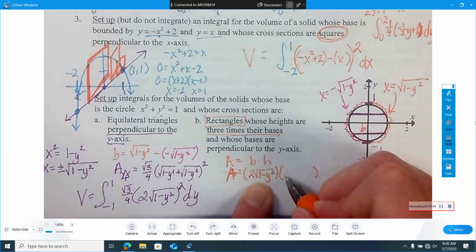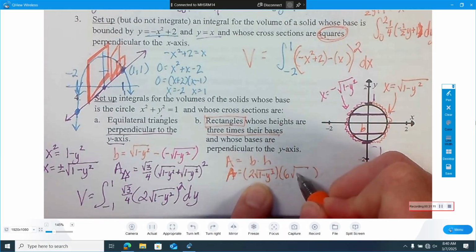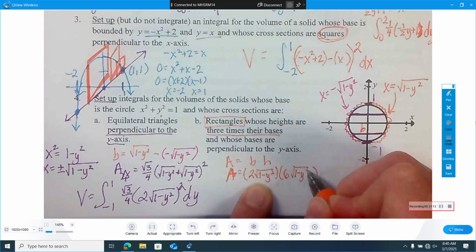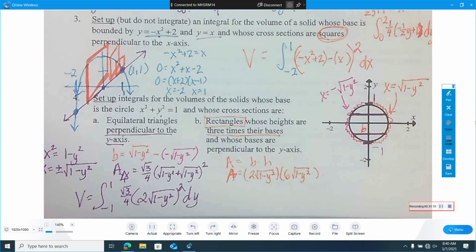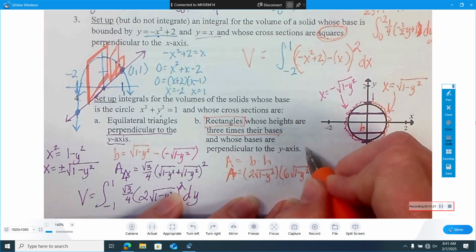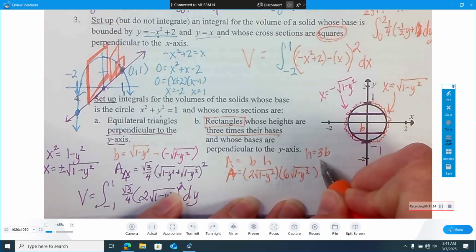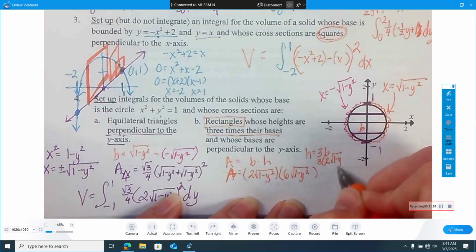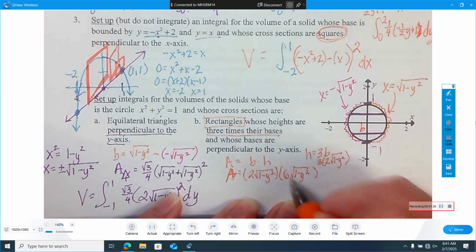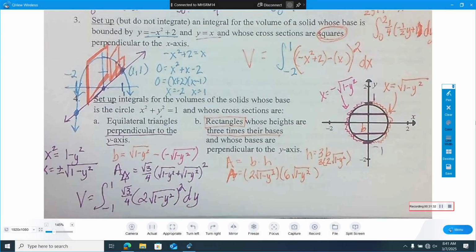So really that would just be 6 root 1 minus y squared. Does that make sense to you? Yes? So the height is 3b, and if we had a base of 2 radical 1 minus y squared, well, 3 times 2 just gives me the 6.